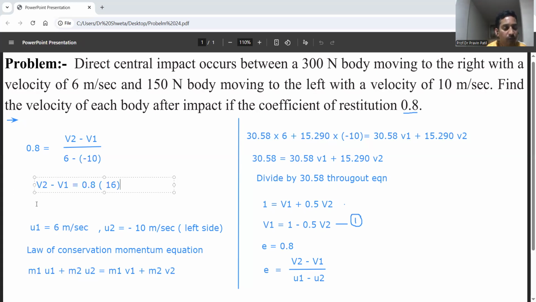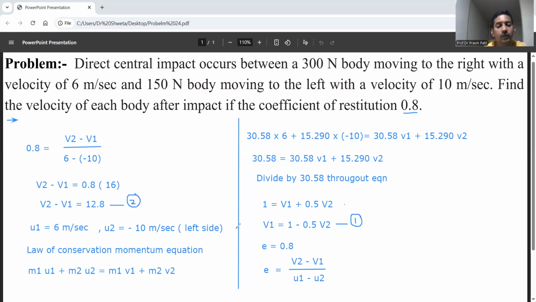So in equation 2 we get V2 minus V1 is equal to 0.8 into 16, which is 12.8. This is equation number 2.